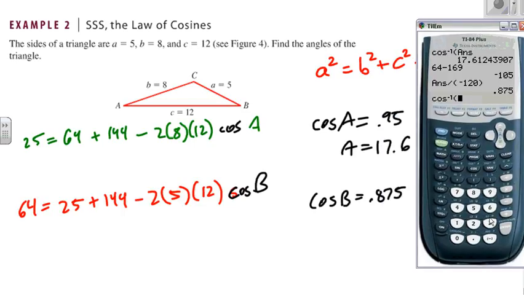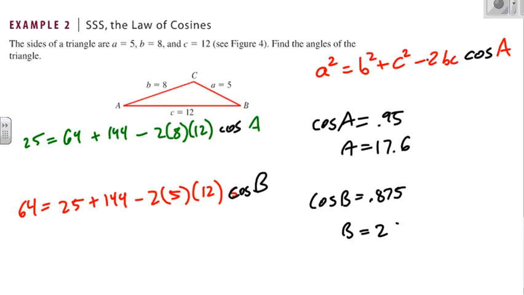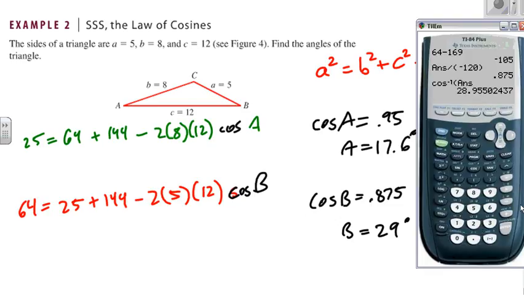Inverse cosine, 28.95, so let's just say 29 degrees. 29 plus 17.6 is 46.6. Subtract that from 180. Angle C must be 133.4.